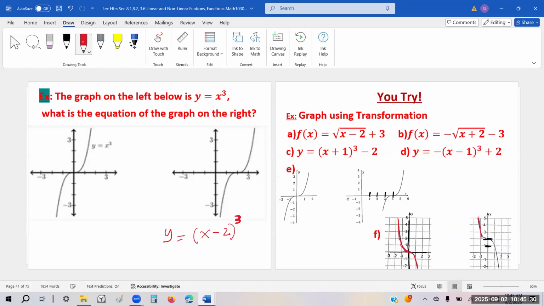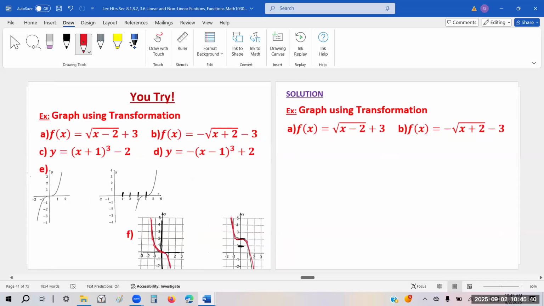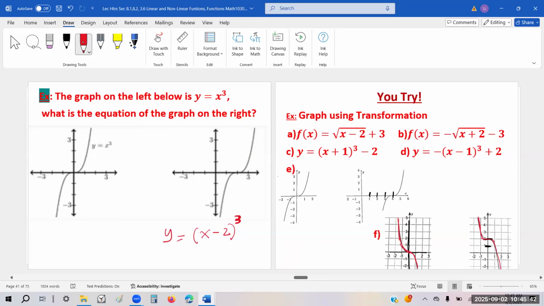This one is here. So it's this graph using transformation. I'll give you 5 minutes. You don't have to do any math. Just use transformation. You can talk to your neighbors.